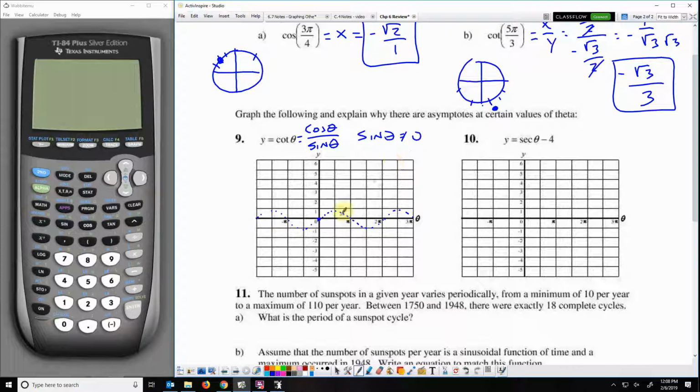Since it can't equal 0, anytime it crosses its own horizontal axis, there will be a vertical asymptote. Cotangent wave looks a lot like a series of cube functions that cross right in the middle of each interval, and they have a negative slope.